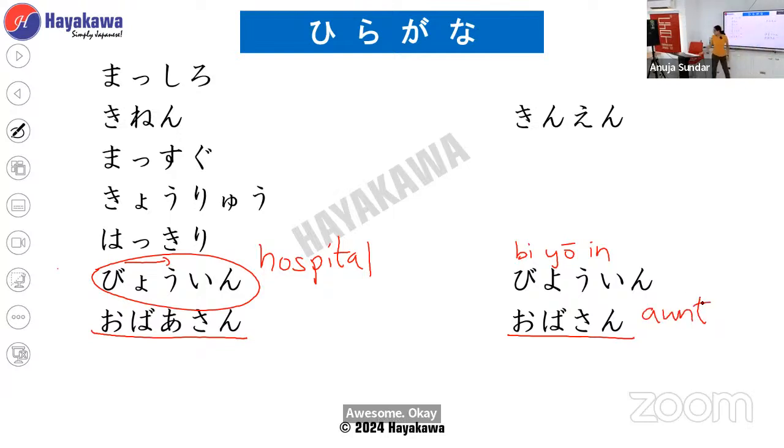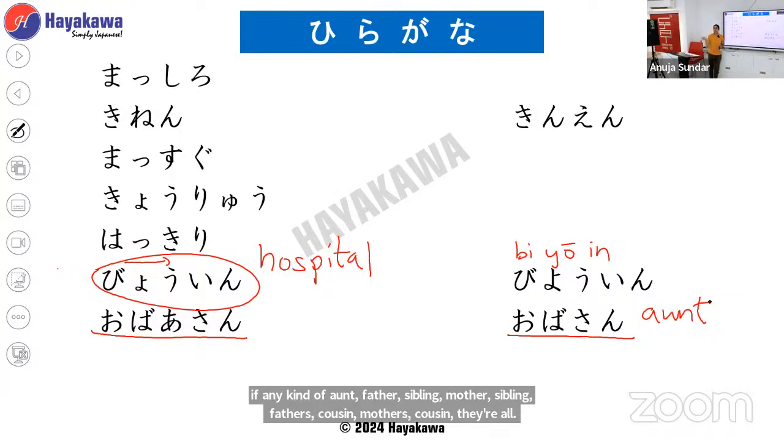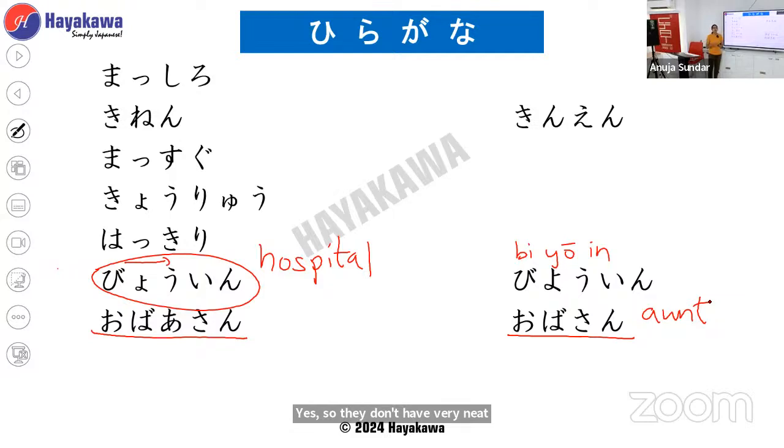So in Indian languages, we care a lot about how you're related to someone. Is it your mother's brother, your father's brother? Is it your mother's sister, your father's sister, elder sister, younger sister? All of this matters a lot to us. Everything same, Obasan. Aunt, any kind of aunt, father's sibling, mother's sibling, father's cousin, mother's cousin, they're all Obasan. So they don't have very neat distinctions about how someone is related to you.